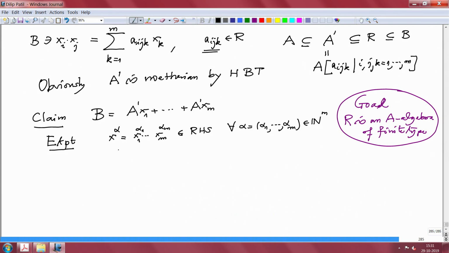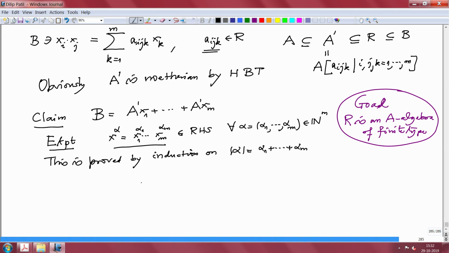And how am I going to prove this? This we will prove by induction on mod alpha. Mod alpha is the sum of alpha 1 to alpha m.